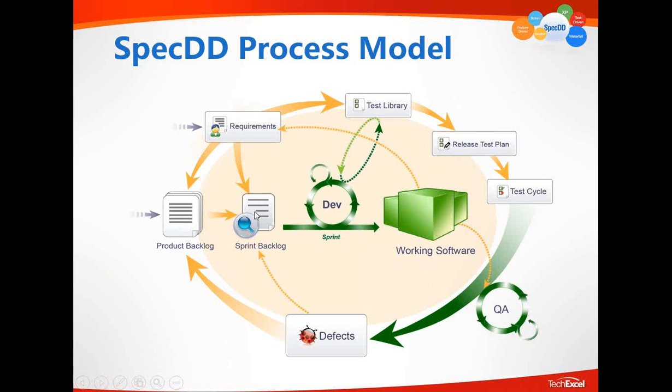But if you look inside, it's going to be a set of stories and tasks, and possibly QA testing subtasks as well. They are committed from the requirement and from the product backlog.